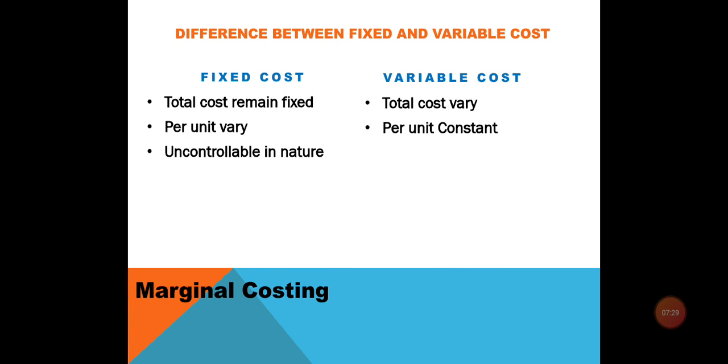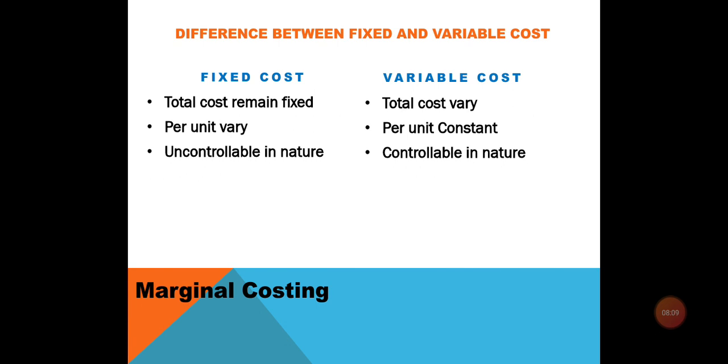Fixed cost is uncontrollable in nature because we cannot change the establishment of the plant, and we cannot frequently change the rent, rates and taxes we have to pay for the decided period of time. But variable cost is controllable in nature, because variable cost is a cost which we have to bear only when we are going to produce.